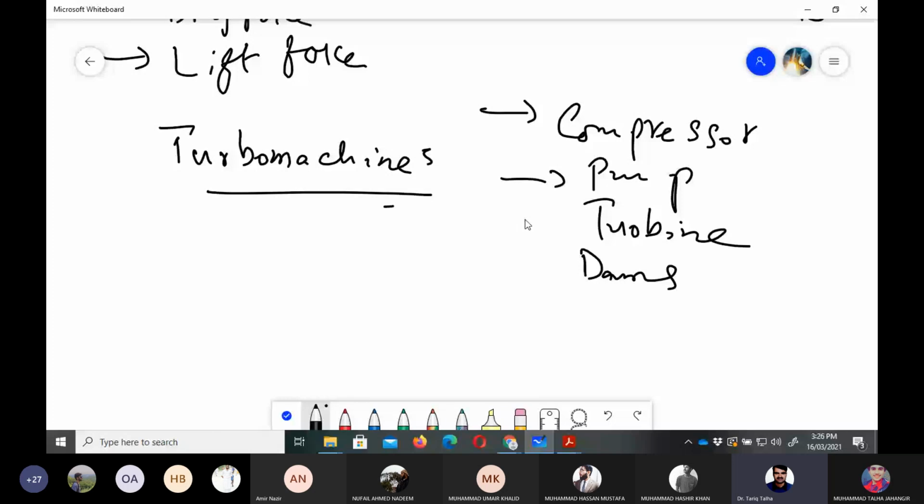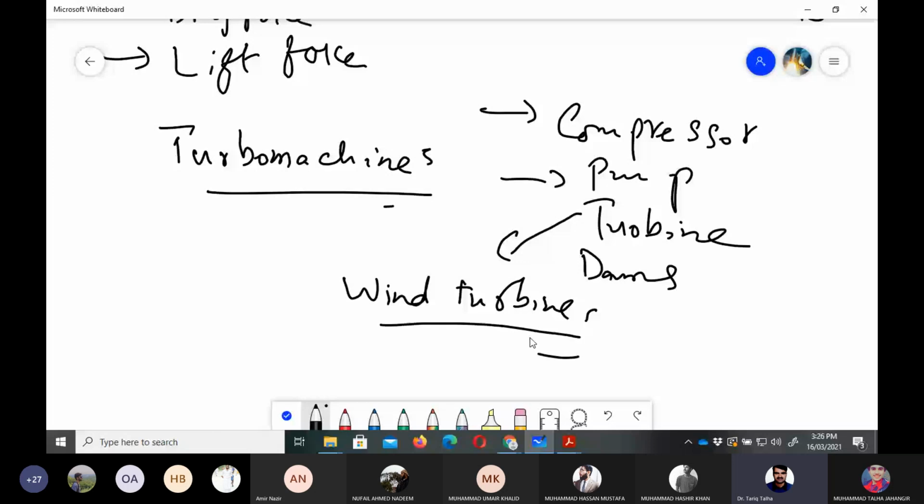We extract work from them by the flow of fluid over them, like wind turbines. On wind turbines, the air comes and strikes the blade, and that makes the blades rotate, and then we have a generator connected with the shaft of that wind turbine, and we can produce electricity from that. Steam turbines or gas turbines also work on the same principle, that they are moved by the flow of fluid.